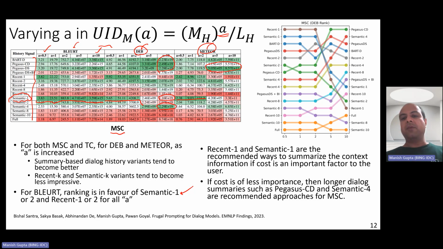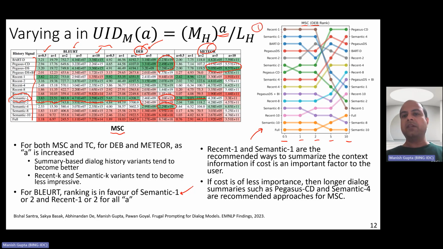In fact, what we did was come up with this nice, interesting visualization where we plot the ranks for 0.5, 1, 5 and 10, and this plot is for the DB metric only. DB has been trusted as a very good metric in recent times in the dialogue modeling community, right? And for the MSc dataset, what you observe is that this is rank one.